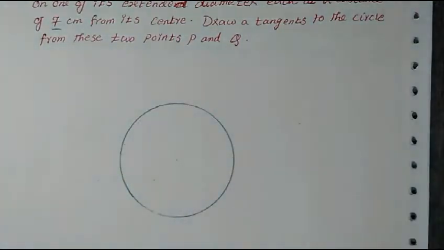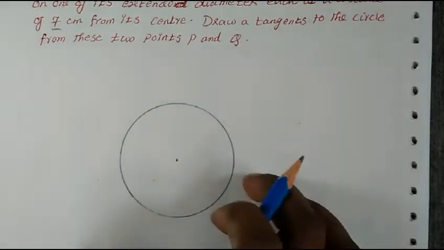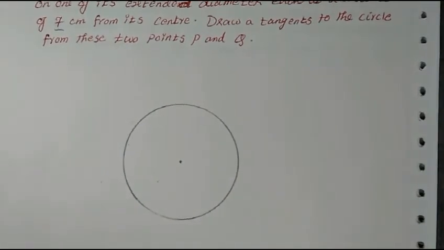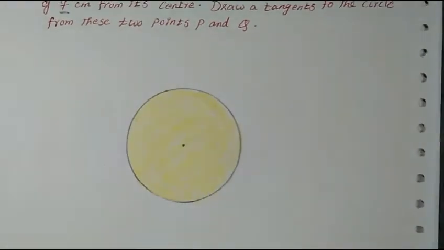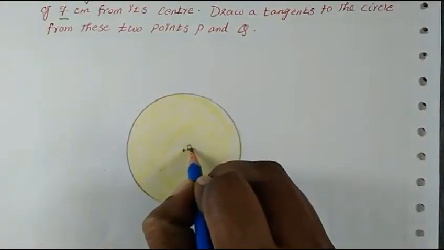Okay, this is our origin. Now I'll just color it because you will understand later on what I'm trying to tell. So this is our circle and this is our origin.